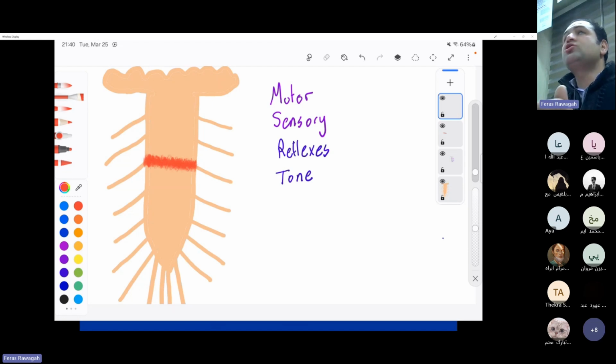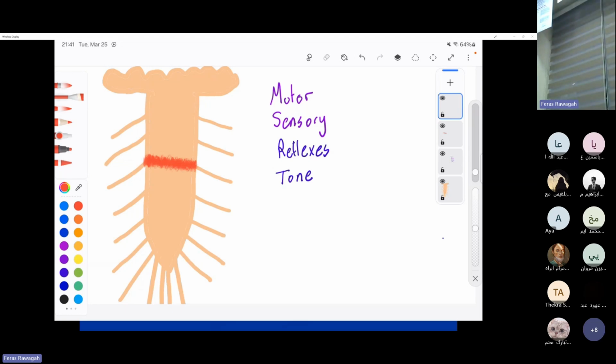So each 2 nerve roots, the right and the left nerve roots, come out of the spinal cord segment. So, for example, C6 spinal cord segment, this segment has the C6 right nerve root and the C6 left nerve root.